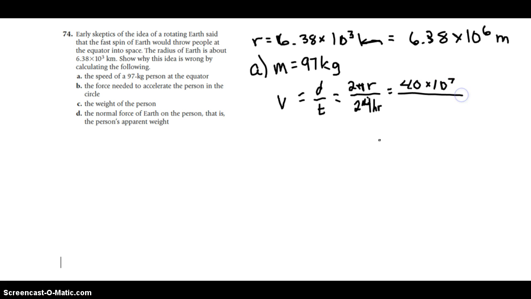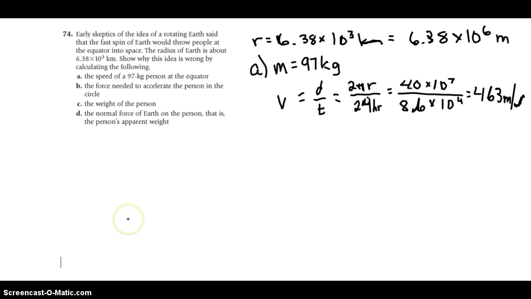And the time in a day, we have 24 hours, but that converts into 8.6 times 10 to the 4th seconds. So then if we divide those two to get our velocity, we should get 463 meters per second. That's the speed that we are rotating around the Earth.